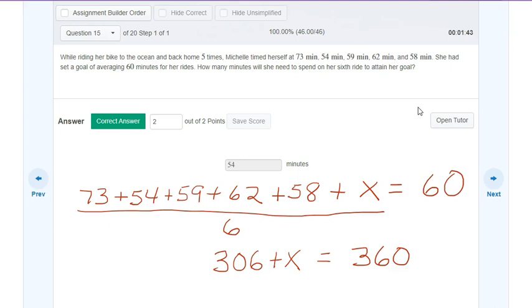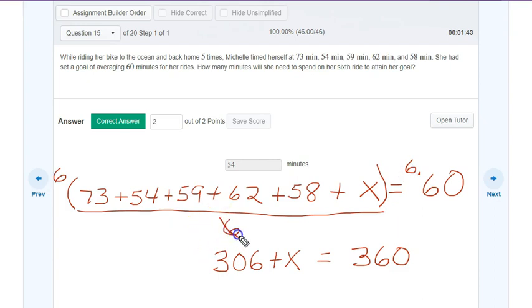So to find the average, we have to add all of these up and divide by 6. But I could also get rid of this fraction here. Remember, this is all one amount here, by multiplying both sides of the equation by 6.